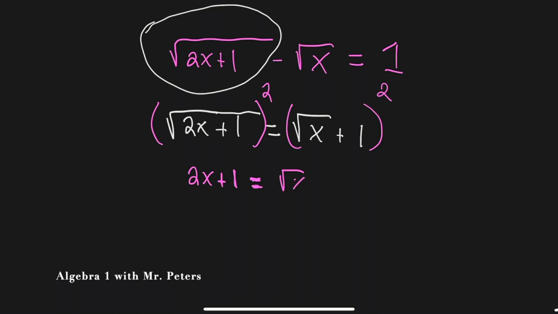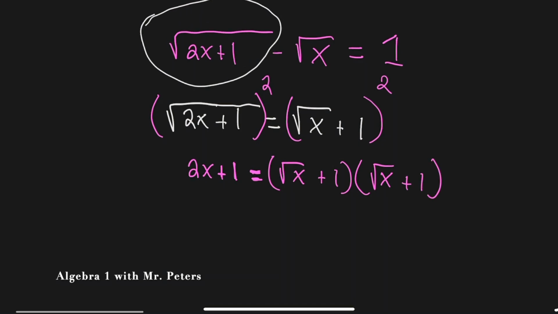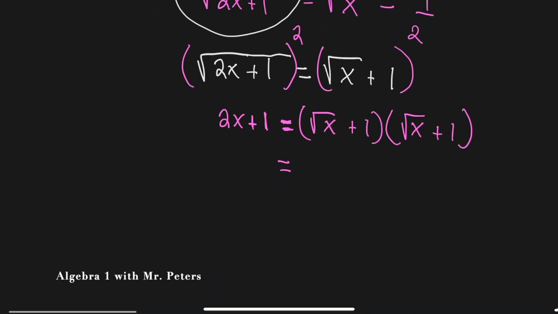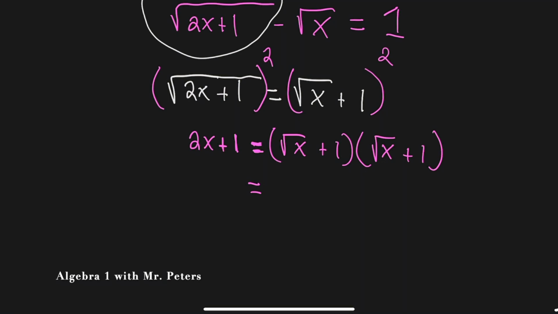So I'm going to have radical x plus 1, and I'm going to multiply that by radical x plus 1. So as I FOIL now, this is what we're going to have on the right side of the equation. We're going to have x plus radical x plus radical x plus 1. This is what happens when we FOIL.